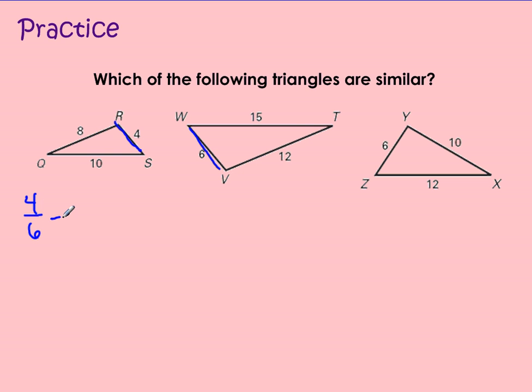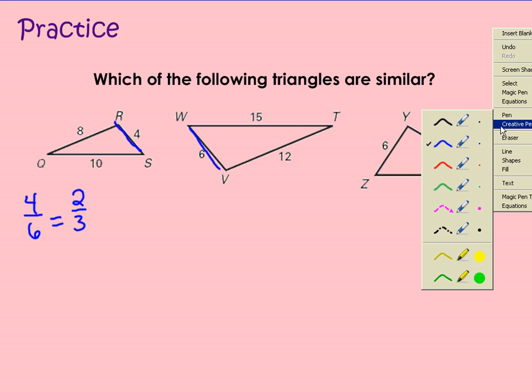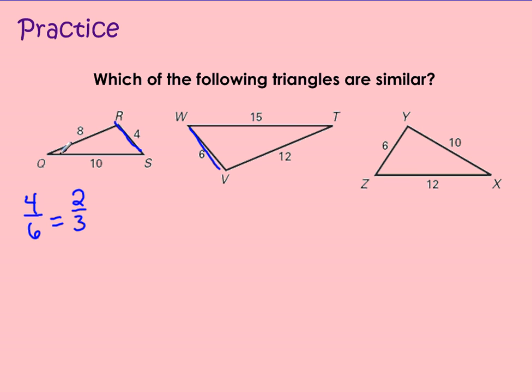To check their ratio, 4/6 can get reduced to 2/3. I will go ahead and pick the medium or middle-sized sides, and that would be 8 and 12. 8 over 12 can also be simplified to 2/3 when I divide it by 4.